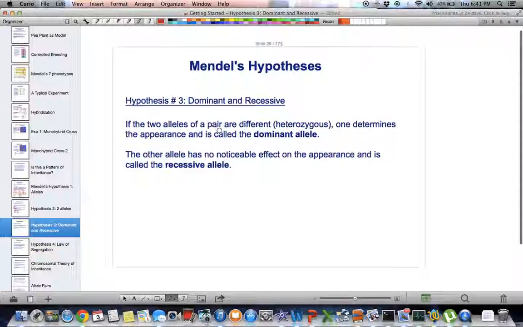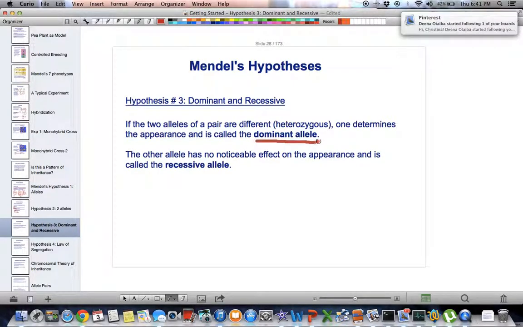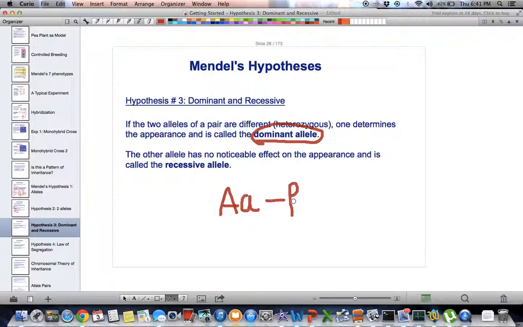Now, his third one we already talked about again, because I'm always so ahead of myself. The 2 allele pairs that are different give us the appearance of a dominant allele. Okay, so Aa, in case of our purple, will actually be purple. Even though it has both purple and white flower, it will look purple.